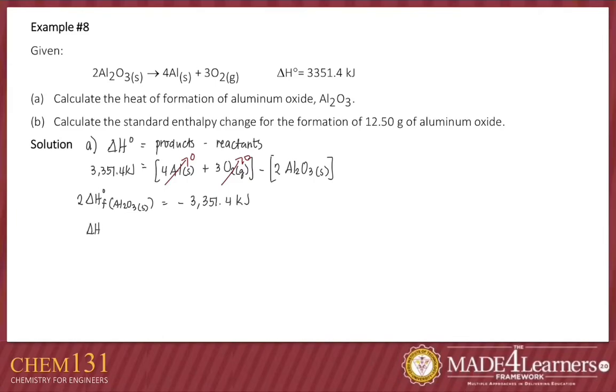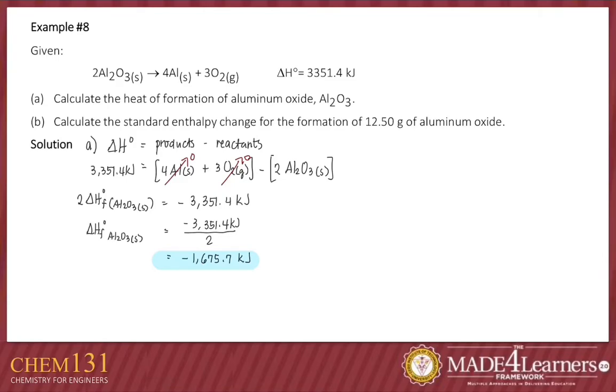So the standard enthalpy of formation of aluminum oxide solid is negative 3,351.4 kilojoules divided by 2. And that is equal to negative 1,675.7 kilojoules. So this is our answer for letter A.